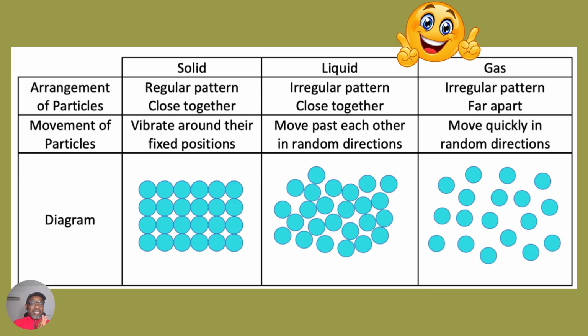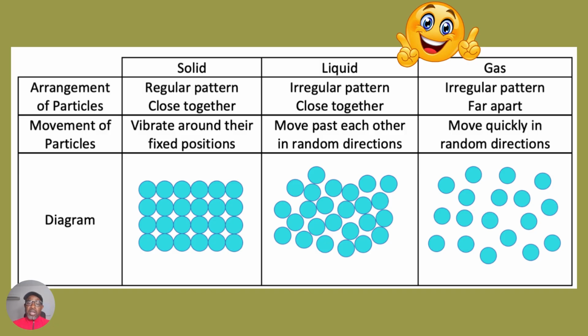They vibrate around their fixed position, close together. In liquid, they are not a regular pattern, they are an irregular pattern, though they are close together. And they move past each other in random direction.